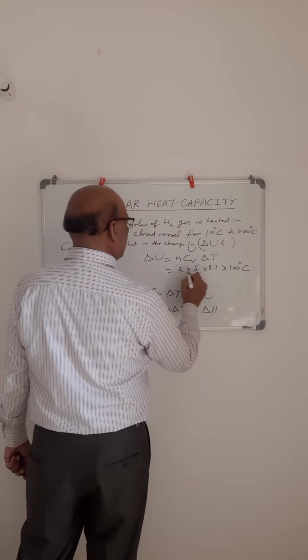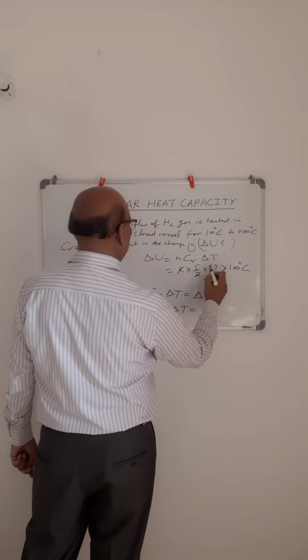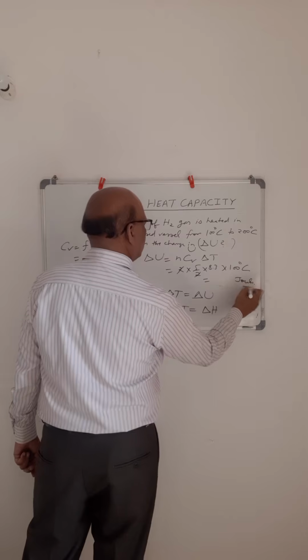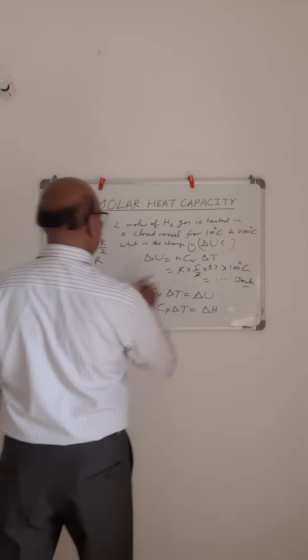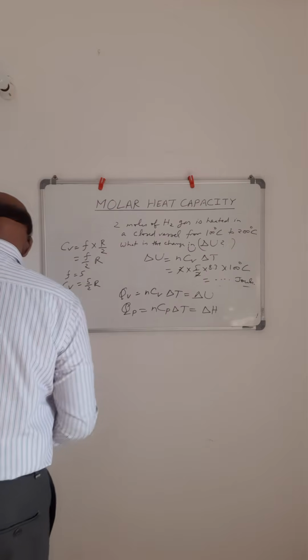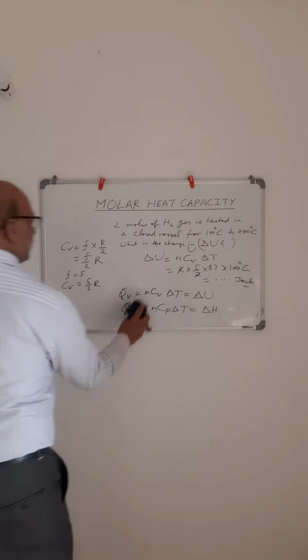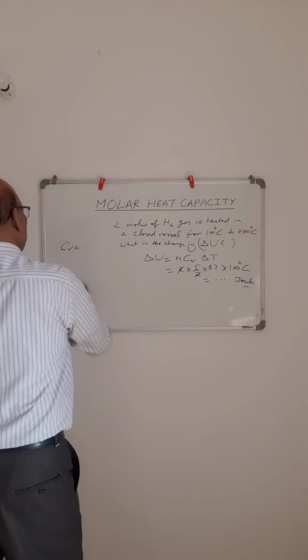By this we can find the value of delta U, and that will come in joules. That is how you can find the increase in internal energy of the gas if we know the temperature by which the gas is heated.